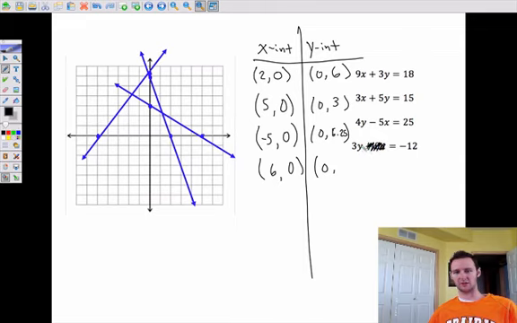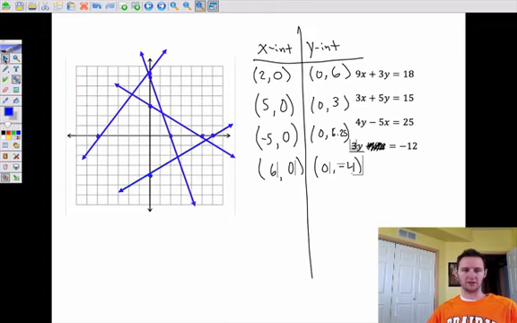So that drops out. We get 3y equals negative 12. Divide by 3, you get negative 4 for the y-intercept. All right, then just plot those two and draw your line.